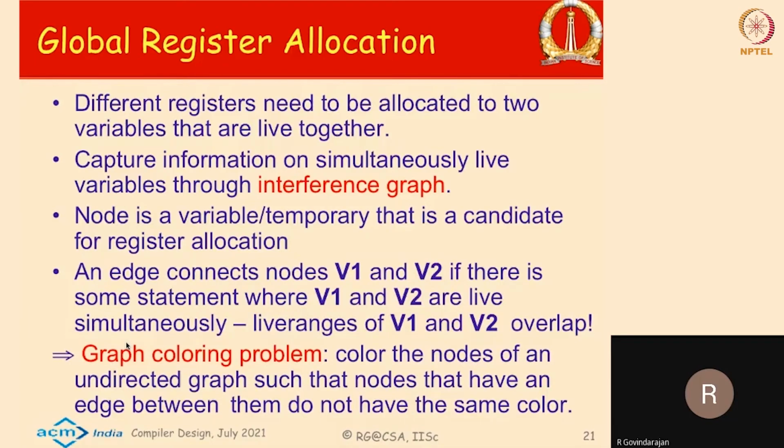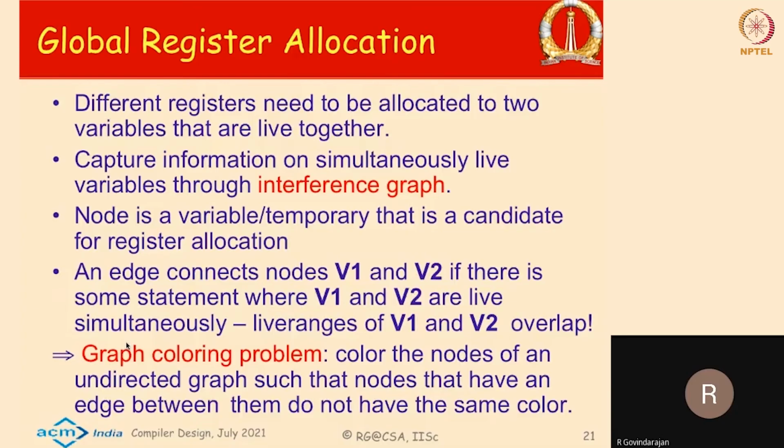Now, the problem that we want to solve is that you have a graph consisting of n nodes and some number of edges. You want to color this graph in such a way that two nodes which are adjacent to each other, that means they have an edge between them, do not have the same color.